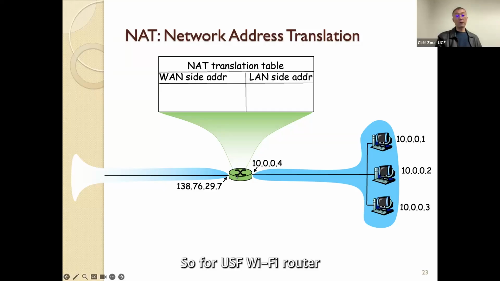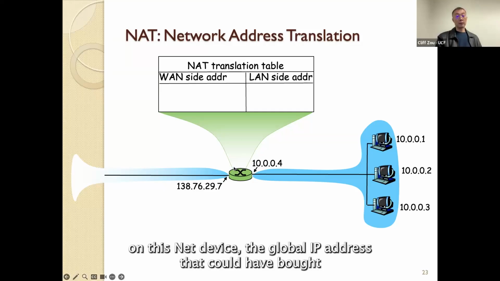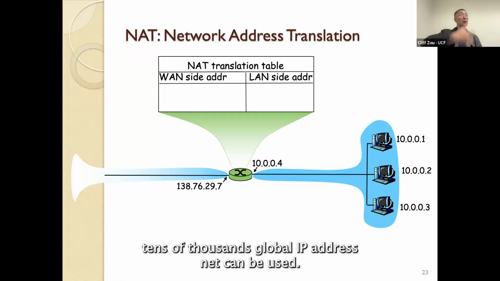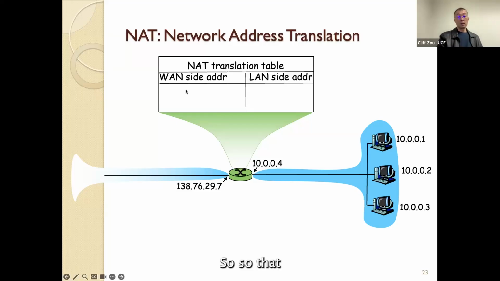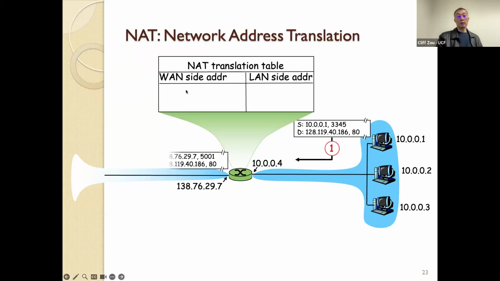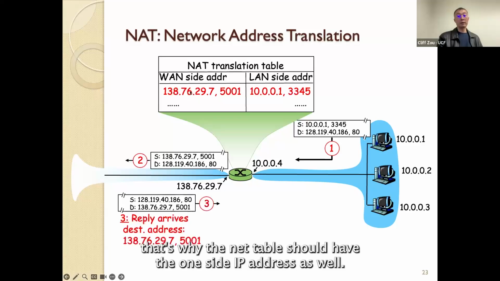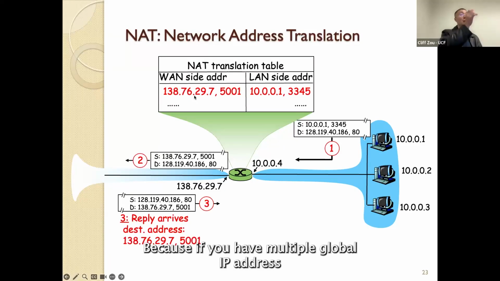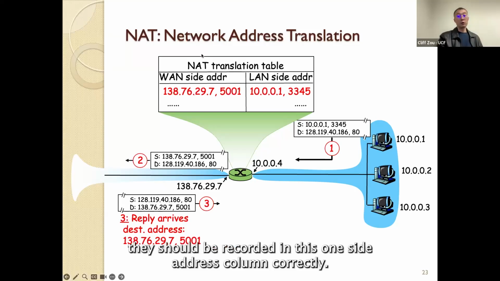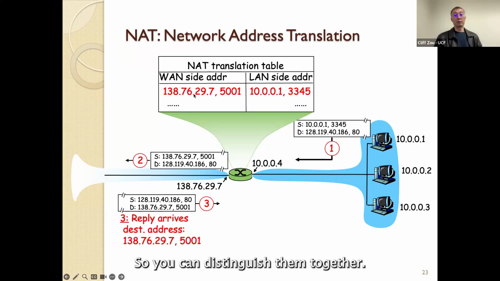So for this NAT device, there could be tens of thousands of global IP addresses that can be used. That's why the NAT table should have the WAN-side IP address as well, because if you have multiple global IP addresses, they should be recorded correctly in this WAN-side address column, so you can distinguish them.